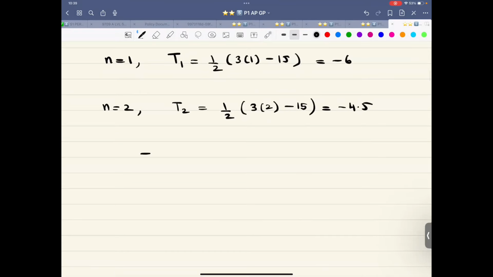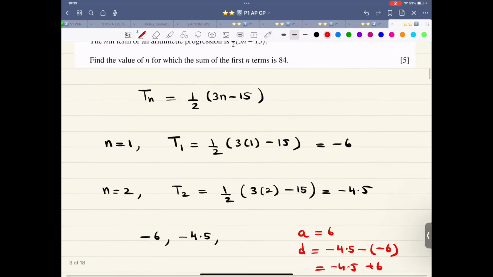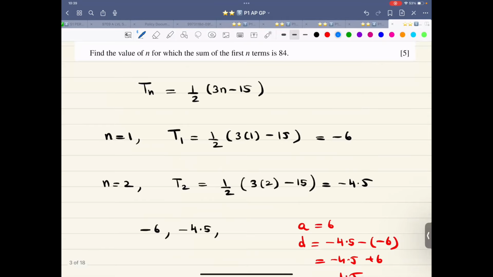That means the first term is negative 6, second one is negative 4.5, and so on. Common difference is T2 minus T1, negative 4.5 plus 6, that is 1.5. So these are the two things that you needed. The rest is just the same old story.